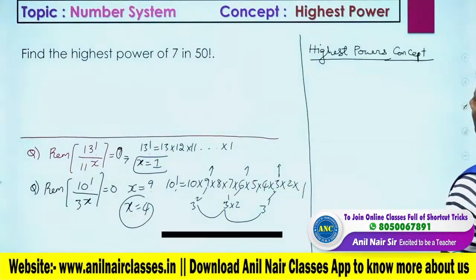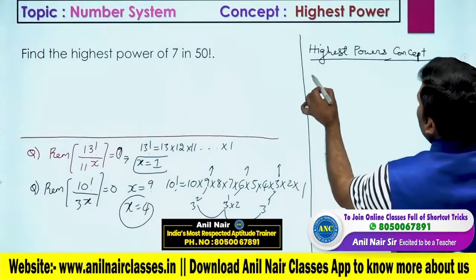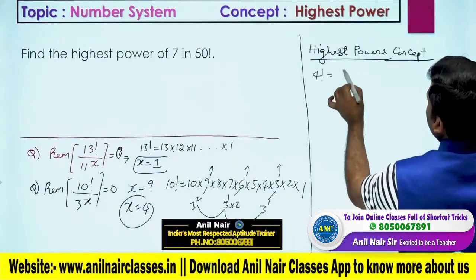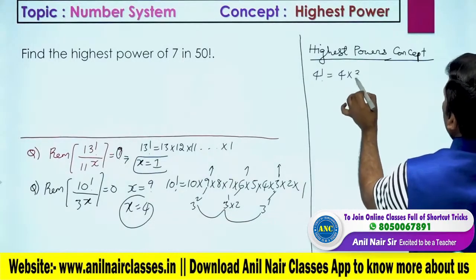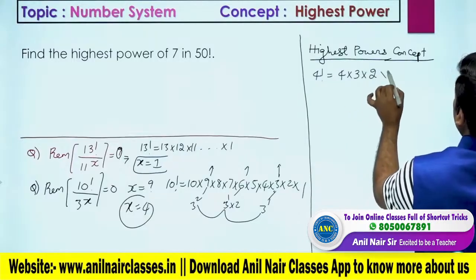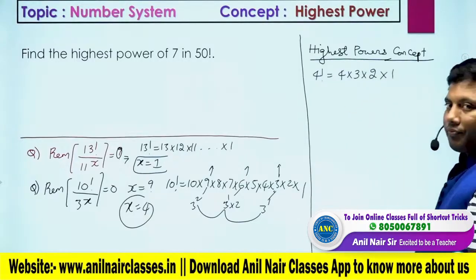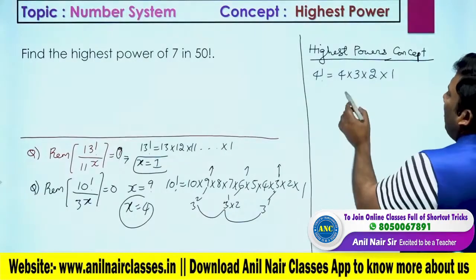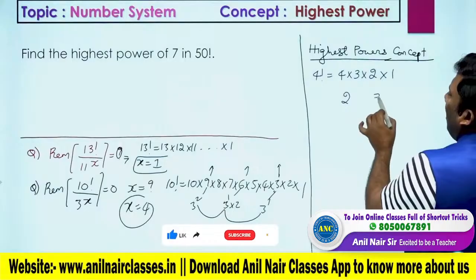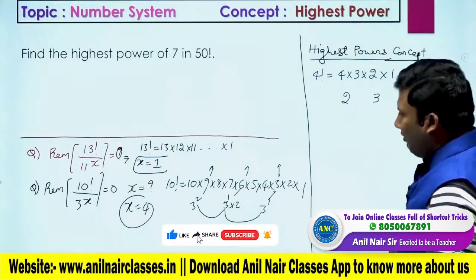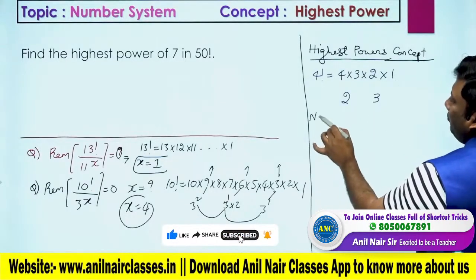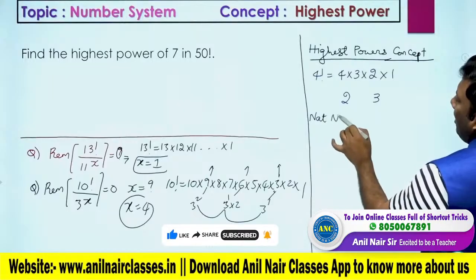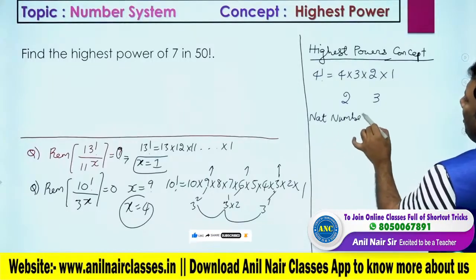Listen carefully. Suppose I write 4 factorial, it is 4 into 3 into 2 into 1. Step number 1. From 1 to 4, what are the prime numbers that are present? 2 and 3. First point. Natural number n, please write down this point.